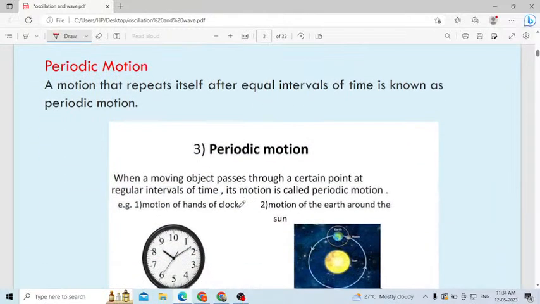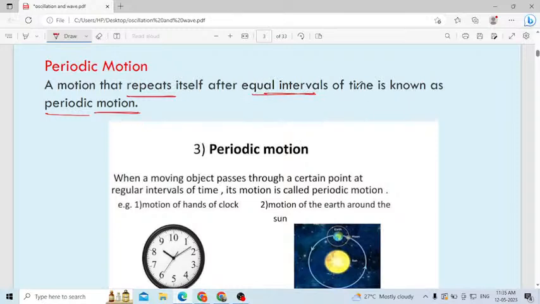Then let us study in detail about periodic motion. A motion that repeats itself after equal intervals of time is known as periodic motion. Periodic, the name itself indicates the motion continuously repeats itself at equal intervals of time.